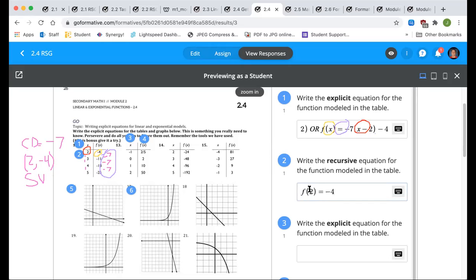Our first input is 2, the output is negative 4. This part of the recursive equation never changes. And then our change is minus 7. So there's that. Okay, all right, let's go ahead and clear those again.